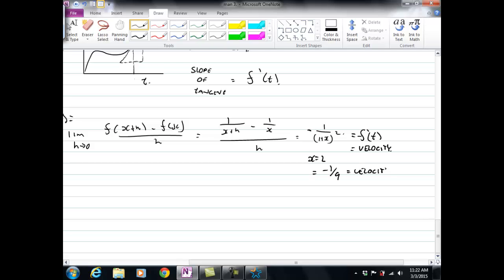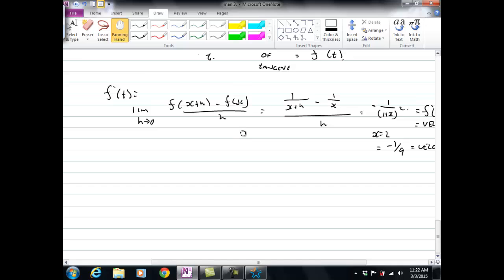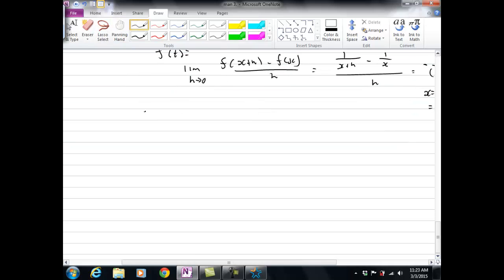So I want you to write this down for me. f of t equals position. f prime of t equals velocity. Easy. So if I take the derivative of position, I get velocity.